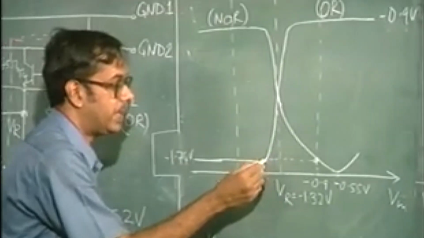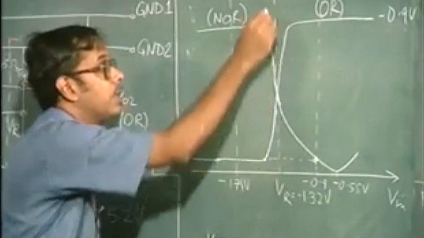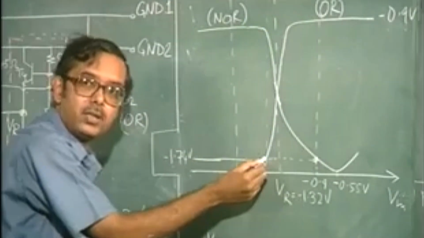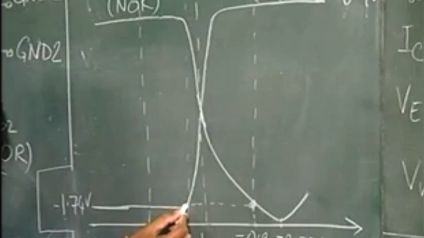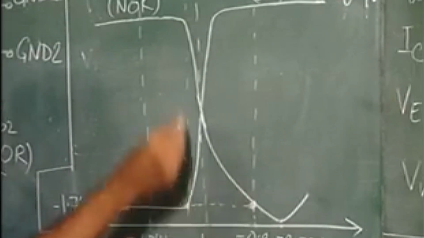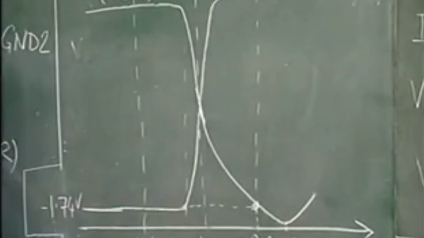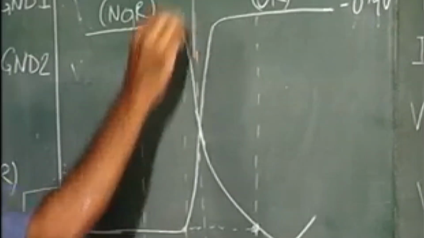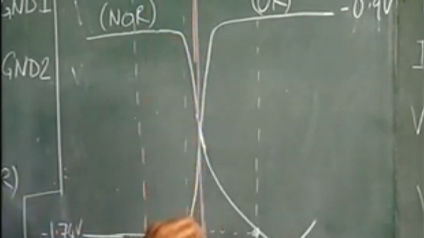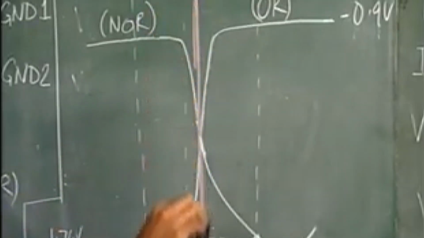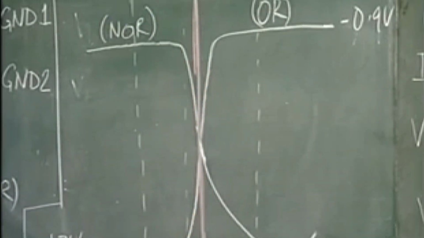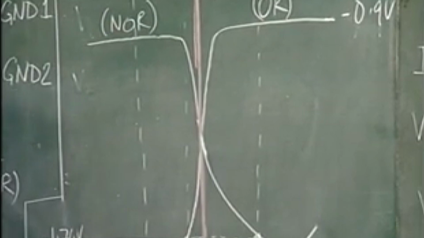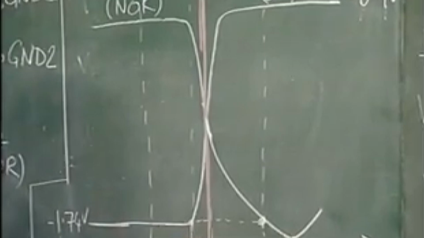Basically, if the input voltage is up to here, it is going to be considered a logic low. Beyond that, it is no longer a logic low. This is VR, the reference voltage. So, what is this difference in voltage?